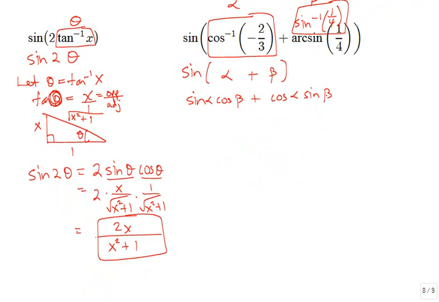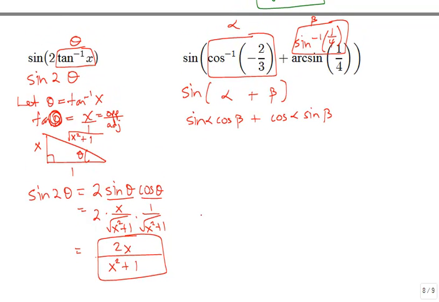In order to do that, I'm going to need to draw some triangles. So let's go to our alpha first. We're going to let alpha be the inverse cosine of negative 2/3. So cosine of alpha is equal to negative 2/3. Right away, think about inverse cosine.